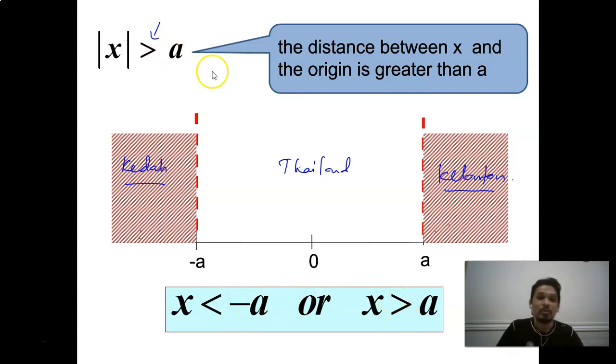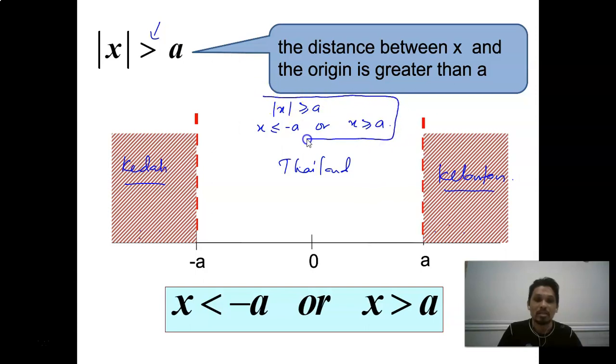Same goes for modulus of x greater than or equal to a. We write this as x less than or equal to negative a or x greater than or equal to a. These are separate cases, this one for greater than or equal, and this one for greater than.